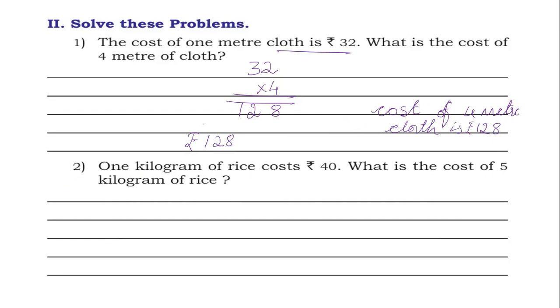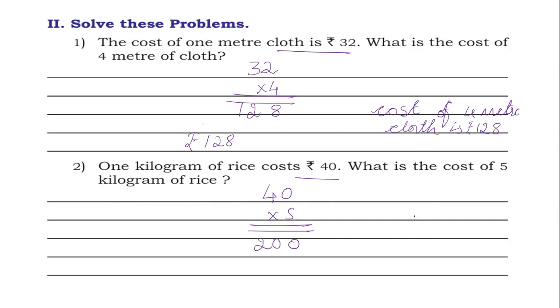Second one: 1 kilogram of rice costs 40 rupees. What is the cost of 5 kilograms of rice? 40 into 5, you will get the required answer. 5 into 0 is 0. 5 fours are 20.